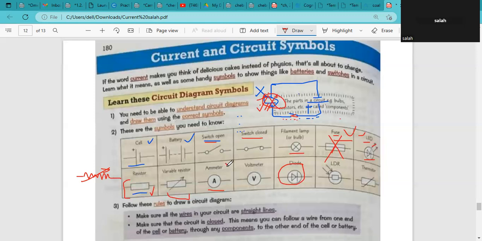So we symbolize it with this symbol. And voltmeter? It measures the voltage. Yes, it measures the voltages.